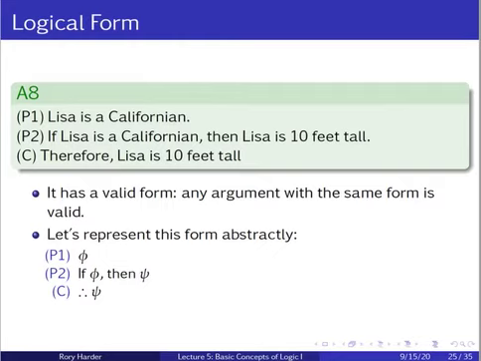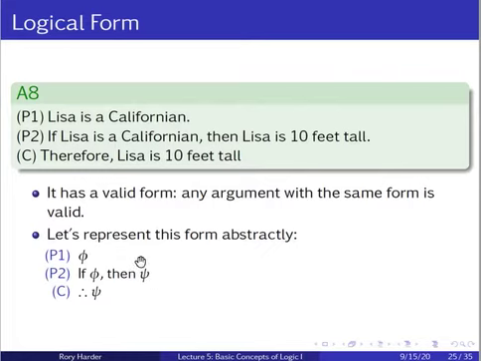And this form can be represented abstractly by replacing the normal English sentences with what we'll see are sentential variables. So here I'm using the fancy Greek letters phi and psi.